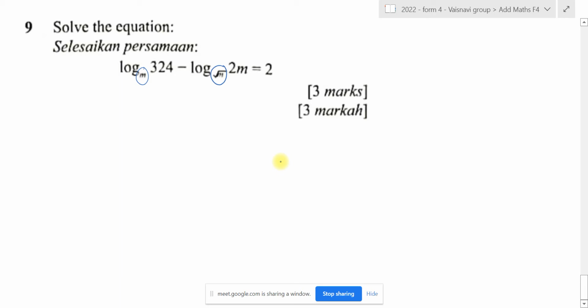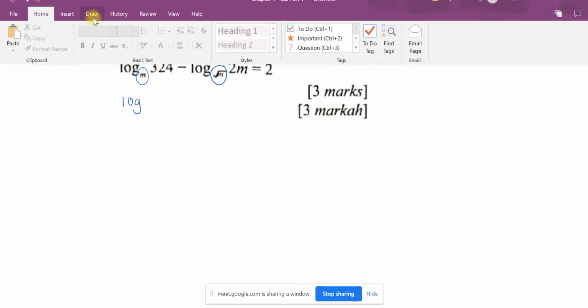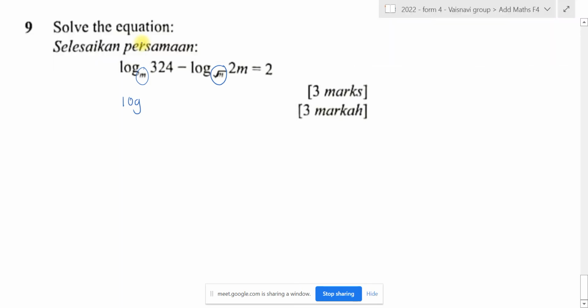So try to make them the same base first, and then you can factorize them, and then you change to index form if possible. Right, so here let it be m, don't change it. Log m 324 minus log m.